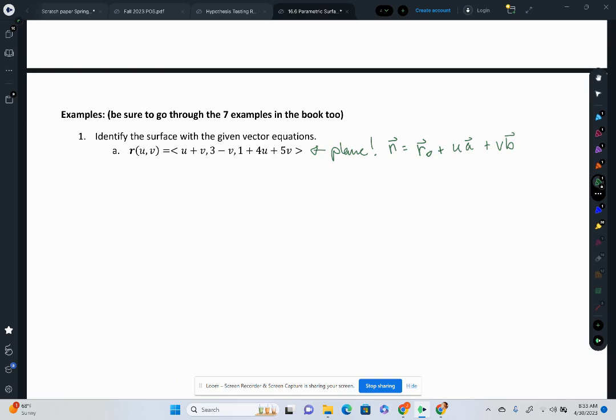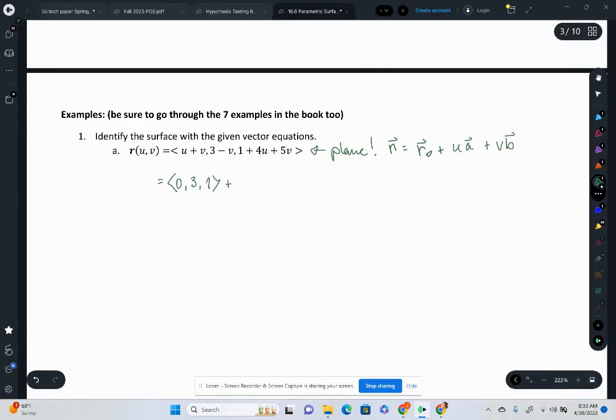Okay, so maybe let's rewrite our plane in terms of 3 vectors, okay? So it looks like for r naught, in the first component there is no r naught, so let's put 0. In the second component, that 3 is part of r naught. In the third component, that 1 is part of r naught. So there's our r naught.